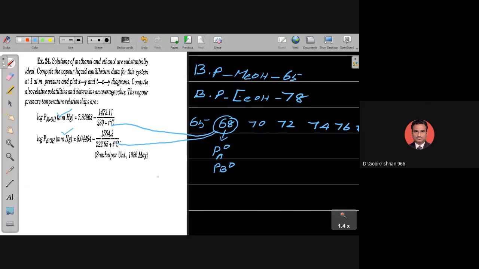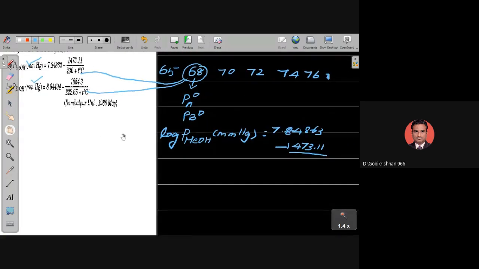Take the first expression. Log of the vapor pressure of methyl alcohol in terms of mmHg is equal to 7.48484863 minus 1473.11, whole divided by 230 plus the temperature I have selected, 68.